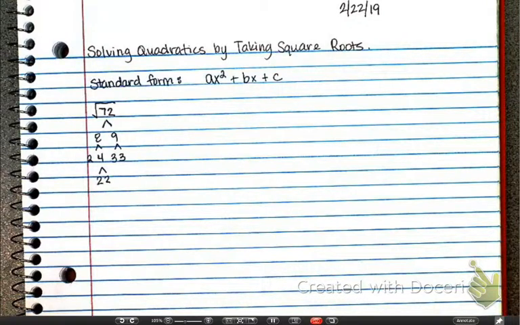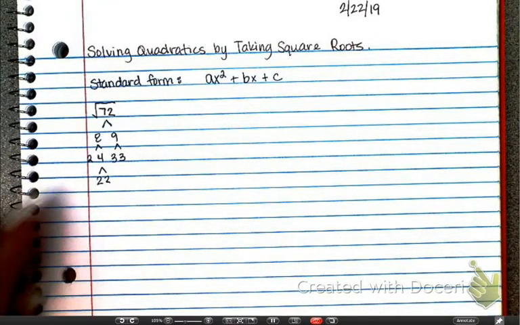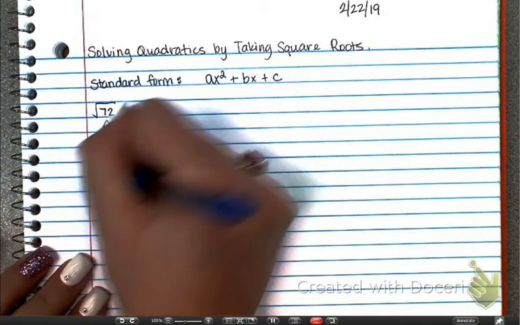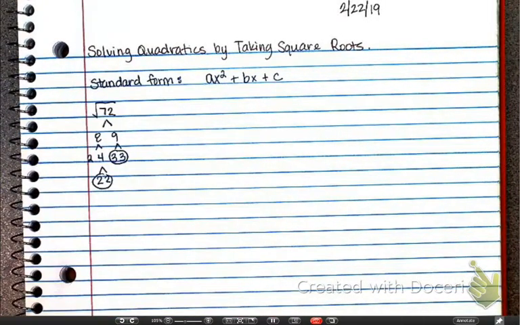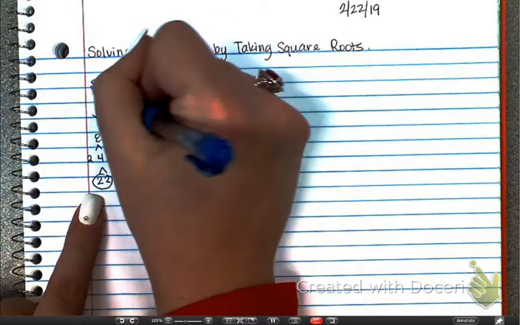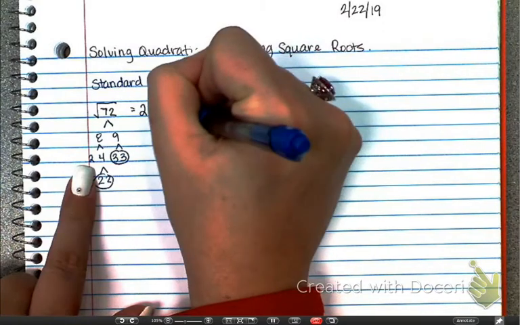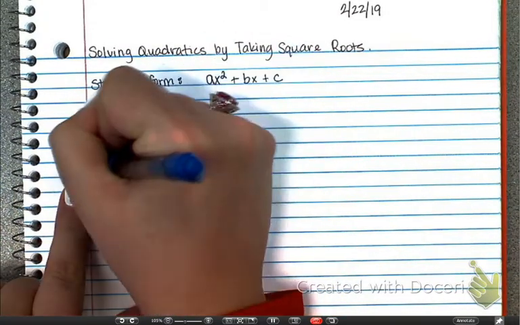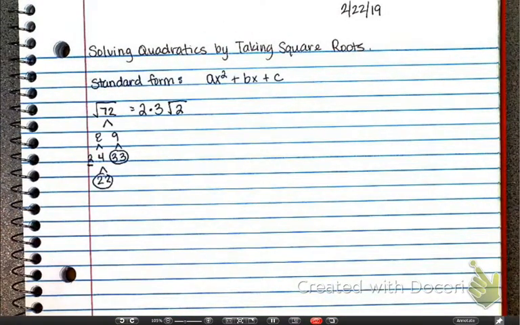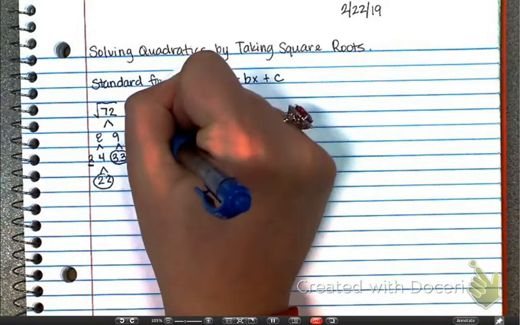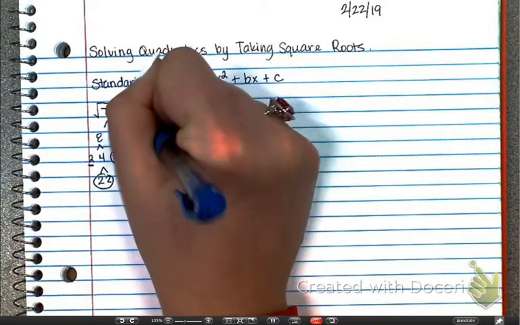Okay, you could have used something else other than 8 and 9, right? And that's okay, but you should still have the same factors. From there, we're going to pull out our pairs. So we circle our pairs. The 2 comes out. The 3 comes out. And this 2 stays inside. The leftover stays inside. So the final answer is going to be 6 square root of 2.